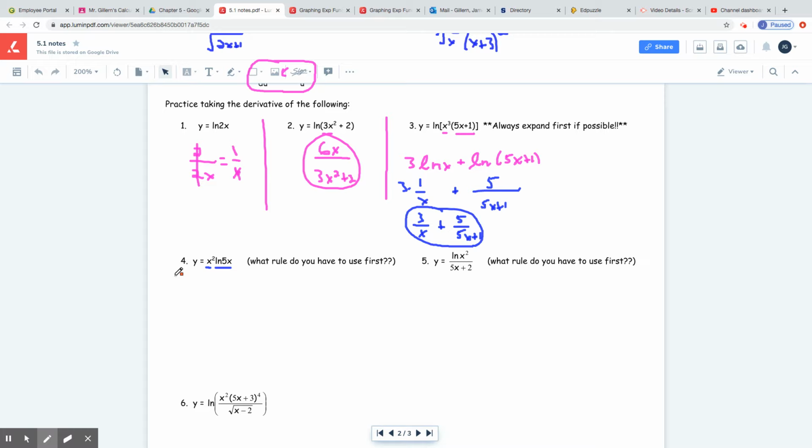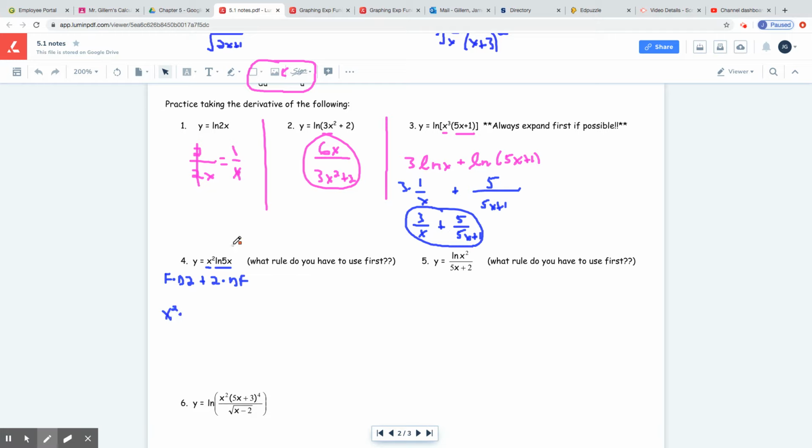So remember, the product rule, in case you forget, is the first times the derivative of the second plus the second times the derivative of the first. Okay, so the first is just x squared times the derivative natural log of 5x.